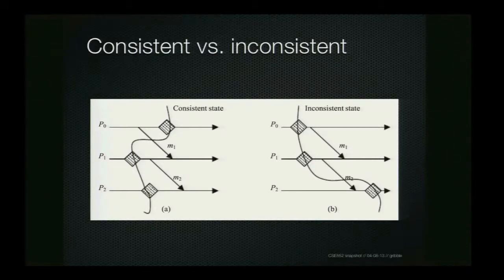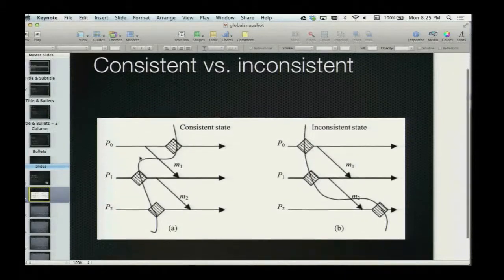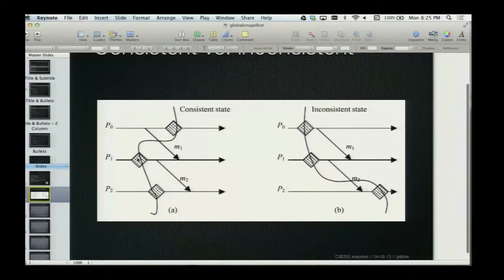In the system on the left, I claim this is a globally consistent state. If we take a look at these individual messages, P2 doesn't reflect the receive of any message. P1 doesn't reflect the receive of any message, and nor does P0. P0 reflects the send of the message, and maybe that will show up sometime later.